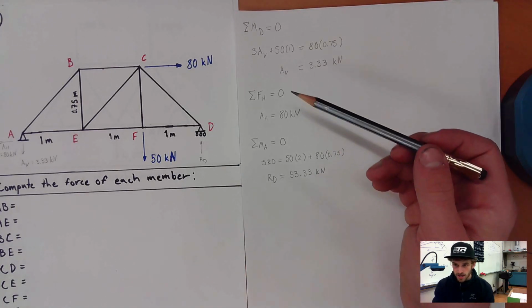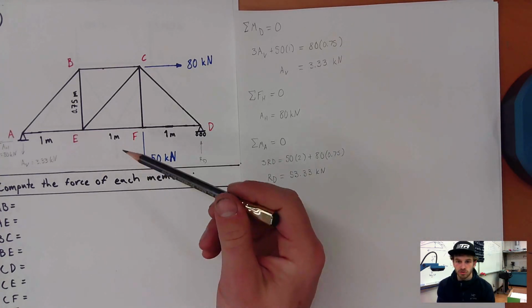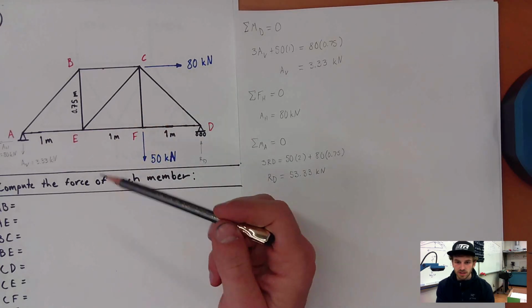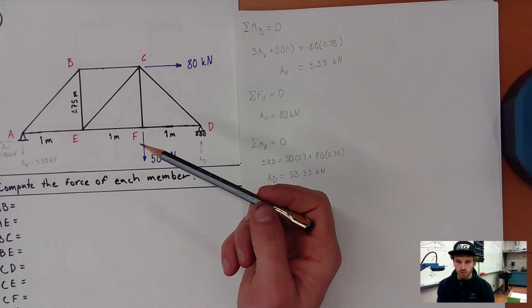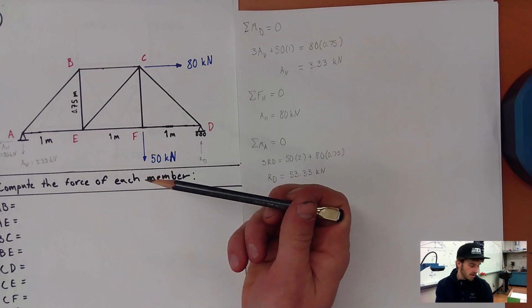If we minus away 3.33 kilonewtons, that gives us our magical number of our forces in the vertical direction. Woo! Because it needs to be equal and opposite.